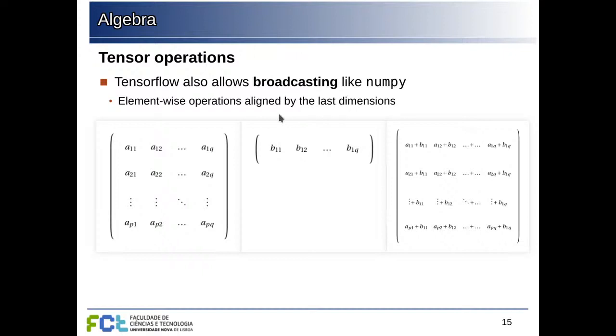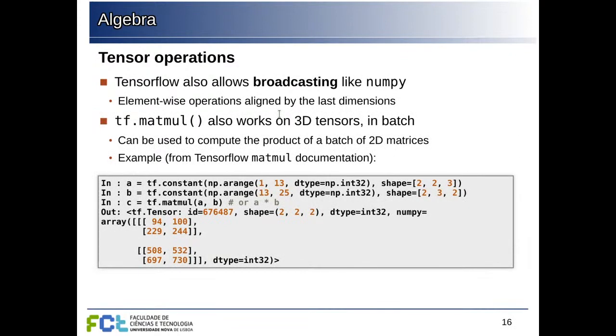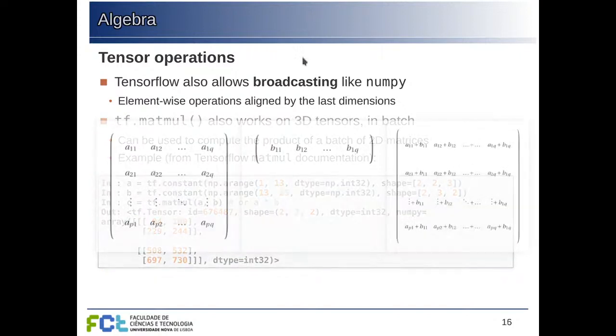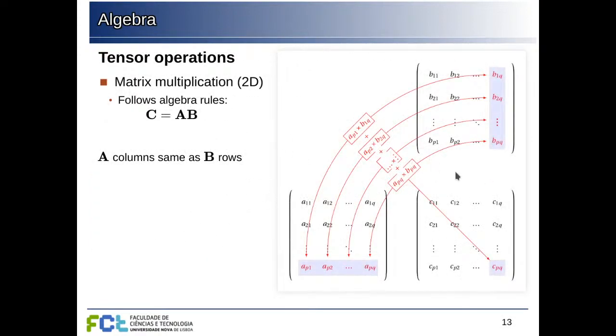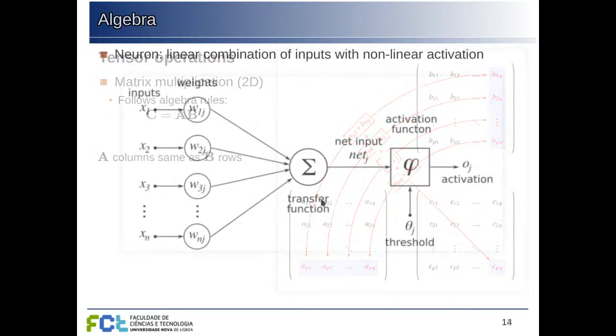By combining these kinds of operations, we can do batches of operations over larger dimensional tensors that represent, for example, sets of matrices and so on. One useful function in TensorFlow is this matrix multiplication, matmul, that applies this algebra multiplication between two matrices, but it only does this multiplication on the last two dimensions of the tensor that we provide.